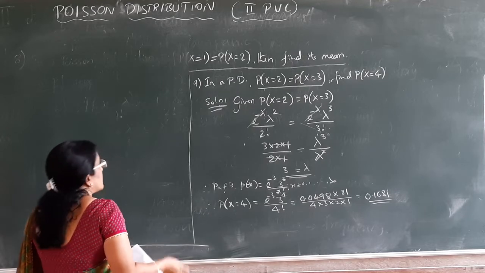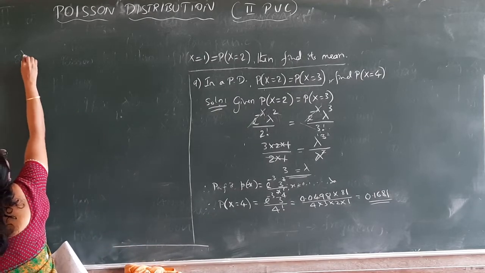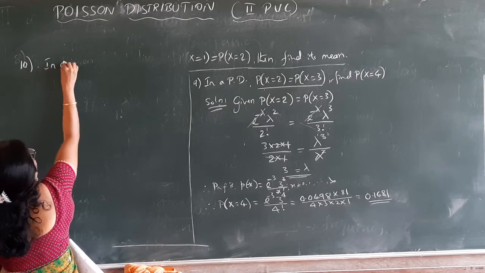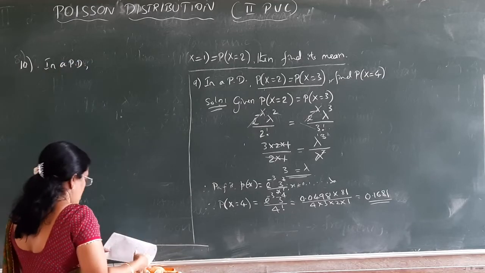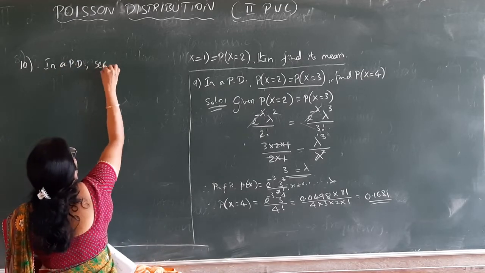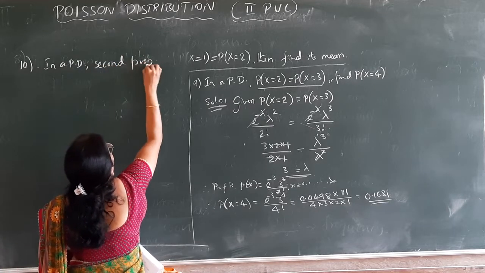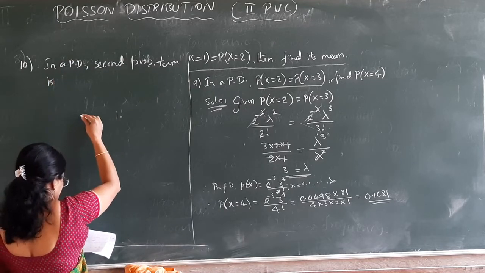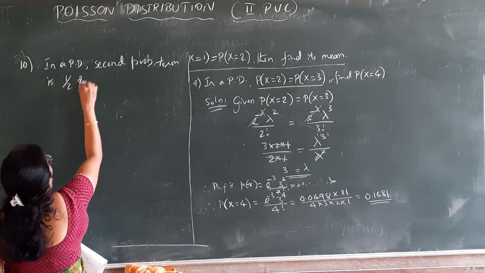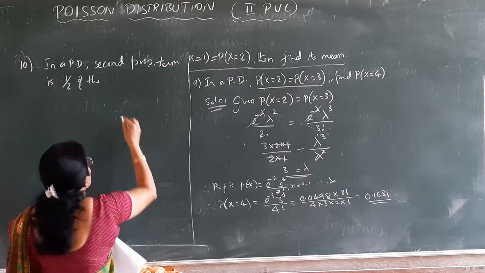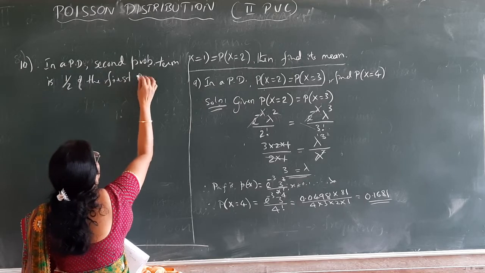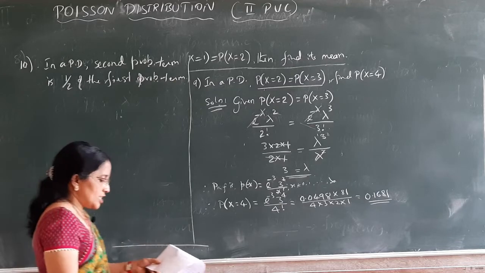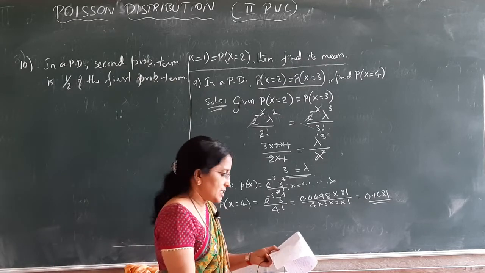Next, one more question. In a Poisson distribution, the second probability term is half of the first probability term.